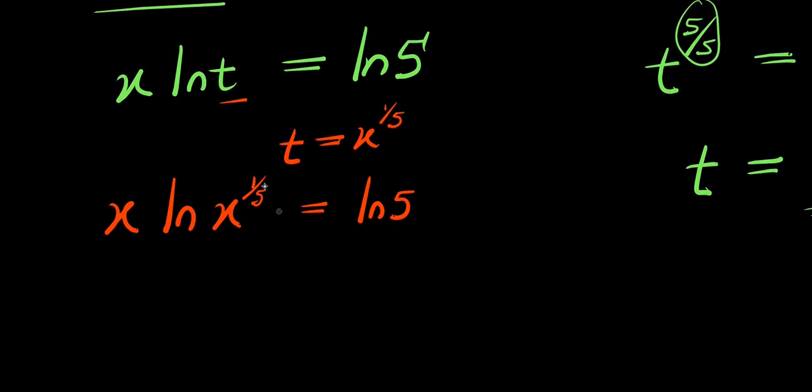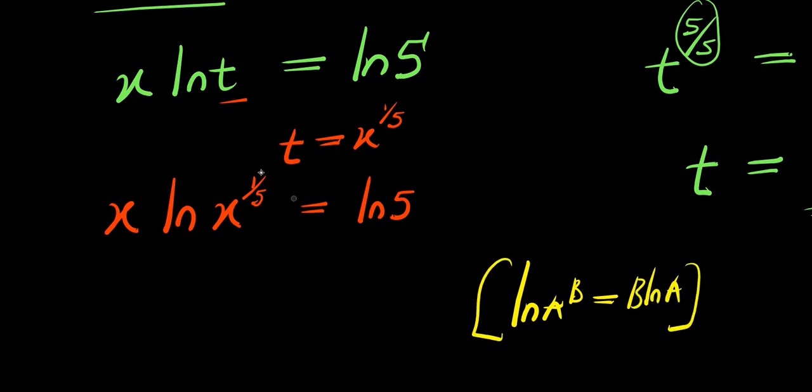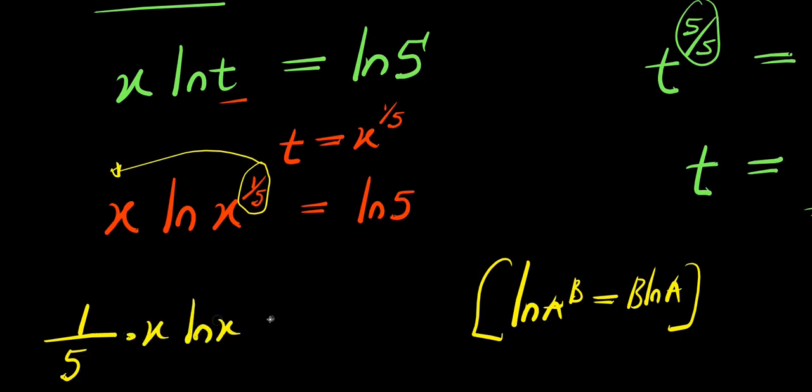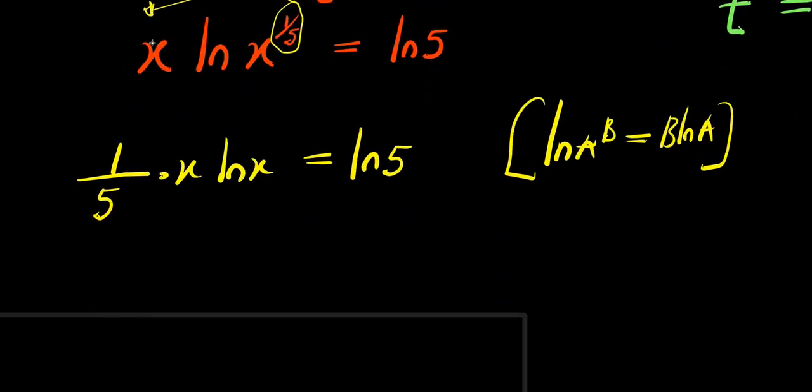Now going back to the same identity, ln a power b equals b times ln a. 1 over 5 comes behind this, multiplying this x, so we have 1 over 5 times x times ln x equals ln 5. From here, 1 over 5 times x, this is x divided by 5, of ln x equals ln 5.